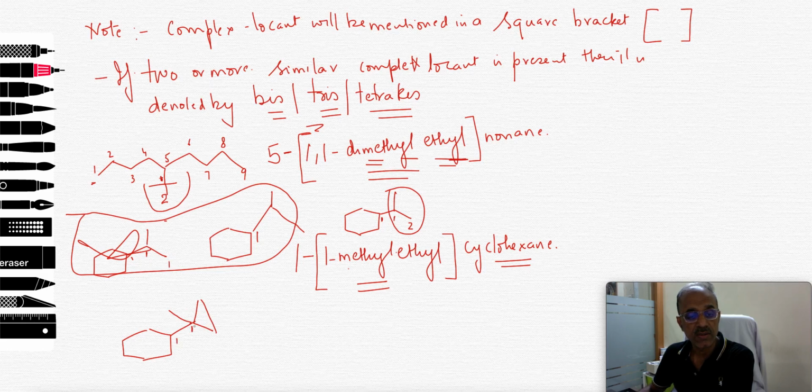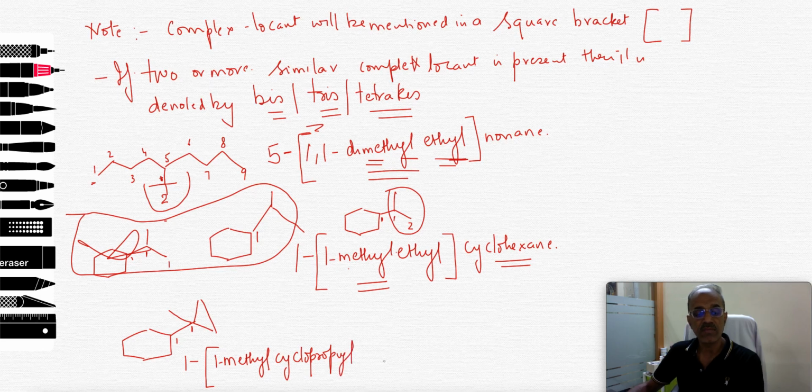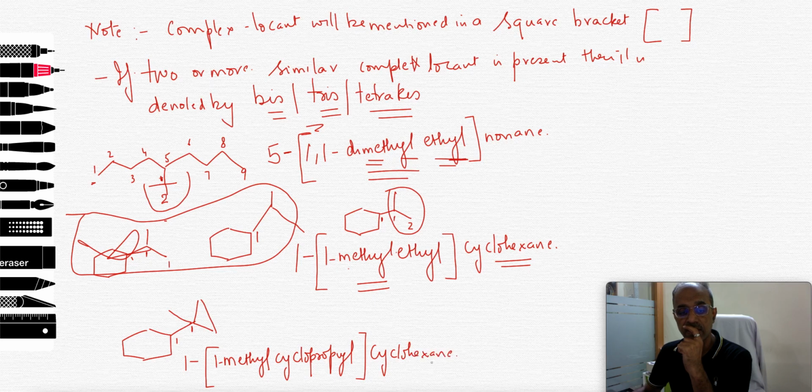It will be 1 methyl cyclopropyl, 1 methyl cyclopropyl, bracket closed, cyclohexane, 1 methyl cyclopropyl cyclohexane. Fine.